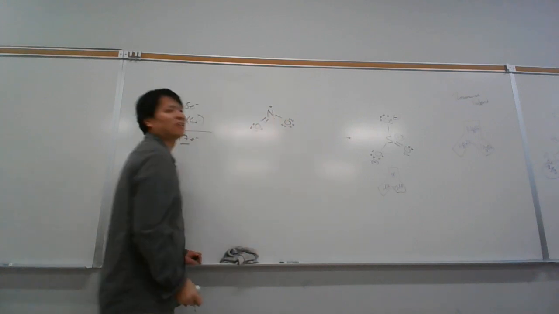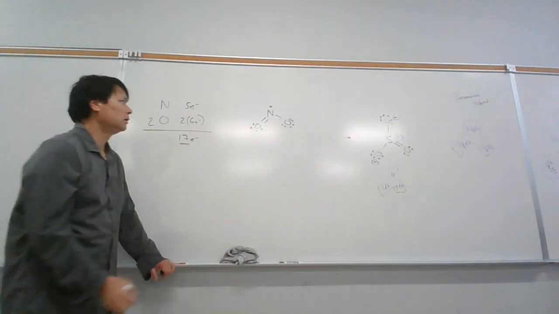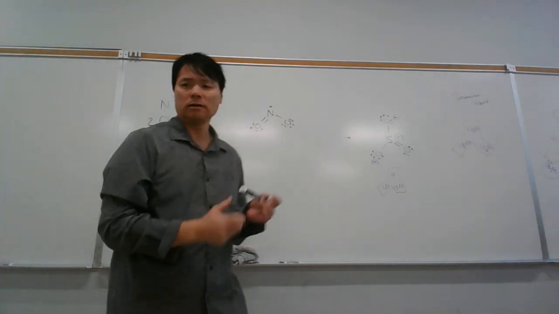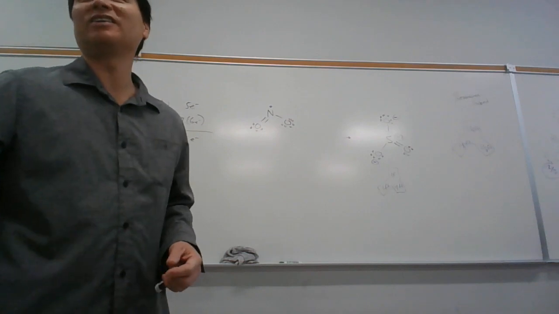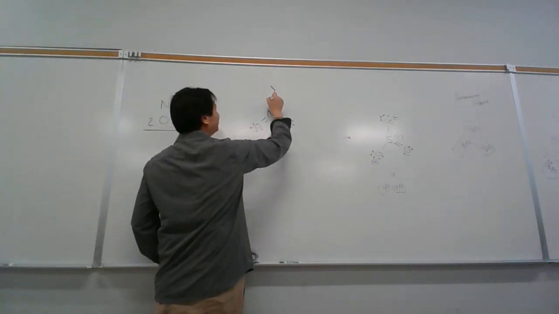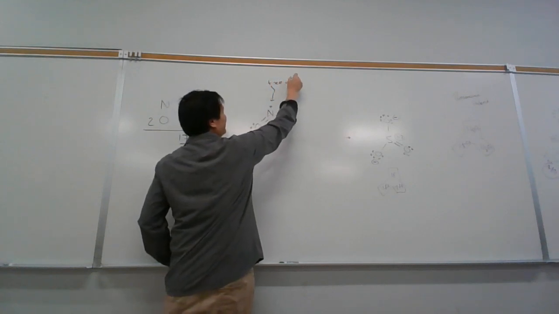But does the nitrogen have an octet? No. So what did I call this single electron before? Do you know what I called that? A dangling bond. There's another name for it. It's called a free radical. Free radicals have dangling bonds.